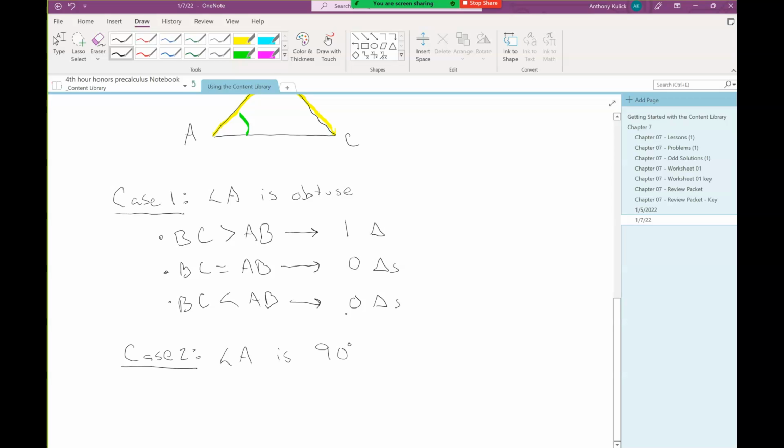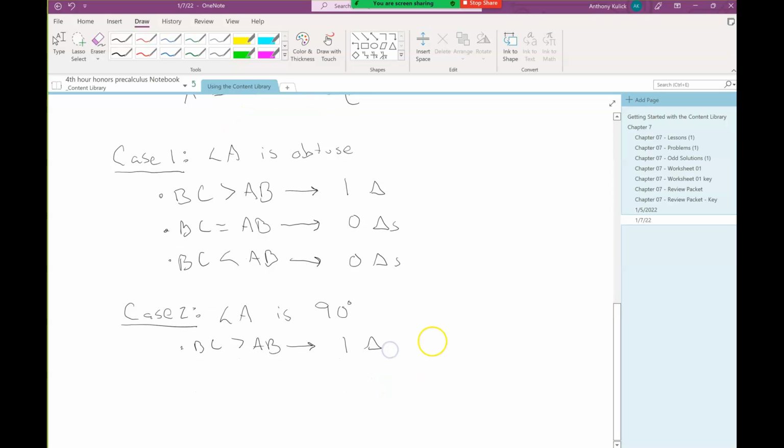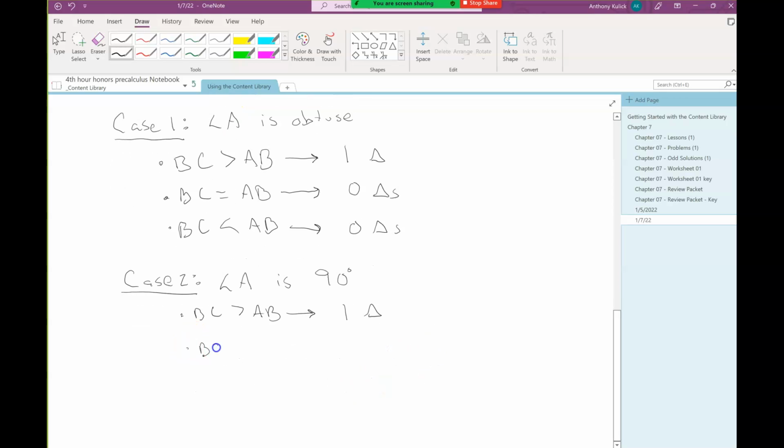So we still know that BC has to be the biggest side, so we can still say the exact same three things about the side lengths, that BC has to be the longest side, or no triangle can be constructed. Everybody feel okay on that?